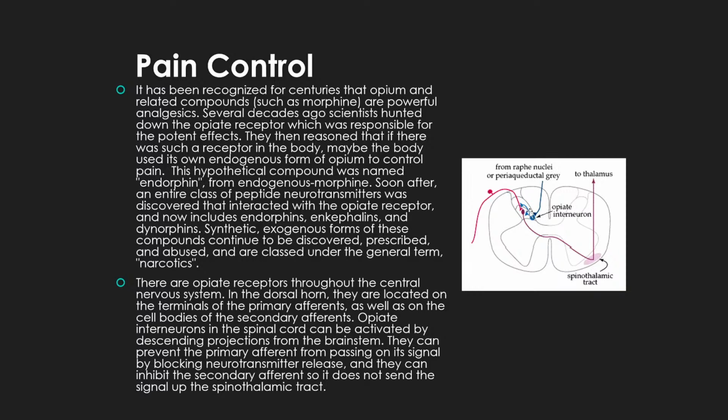If you look to the right, you see that this second order neuron has synapses with this descending opiate interneuron, which is projected from the midbrain. And in fact, this inhibition blocks further transmission of pain signals. Endorphin stands for endogenous morphine, and if it is synthetic, this is possibly the most potent painkiller.